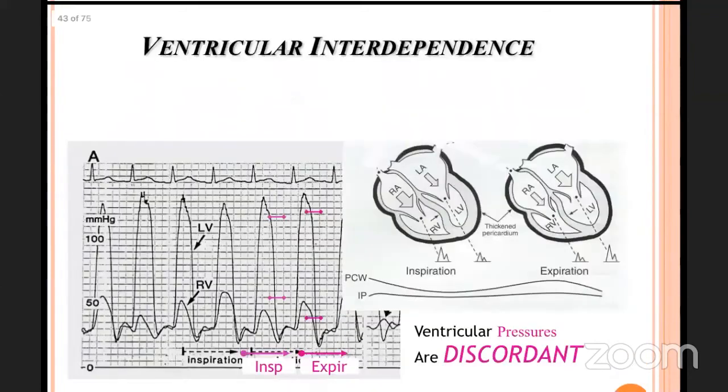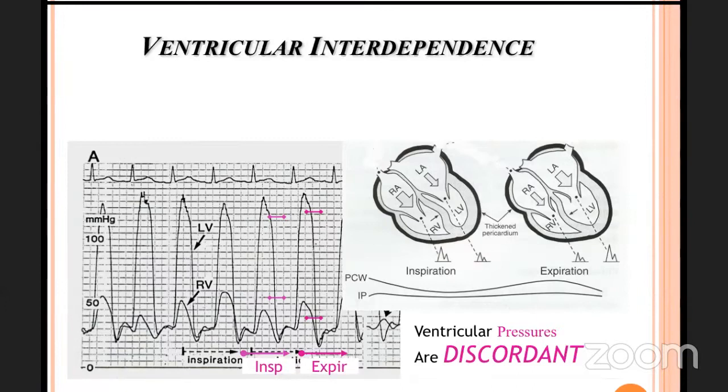Now, this is basically because, as I said, this is a manifestation of exaggerated ventricular interaction. You see in the pictorial diagram in this slide that during inspiration, the RV is filling and pushing the interventricular septum towards the left ventricular side. And during expiration, the reverse is happening.